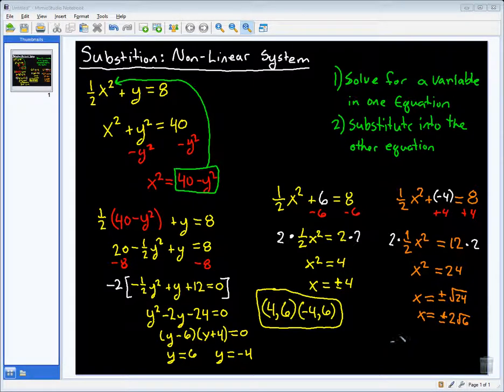I plugged in a negative 4 for y, and I got answers of 2 square root 6 and also negative 2 square root 6. So I have 4 solutions to this nonlinear system of equations.